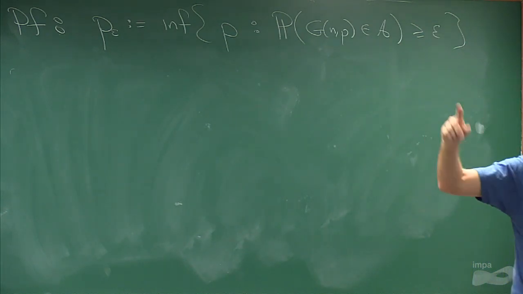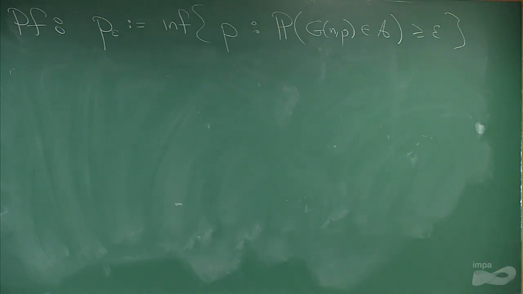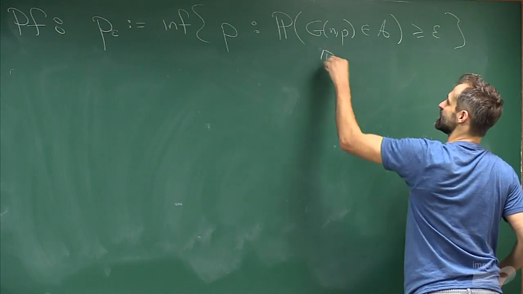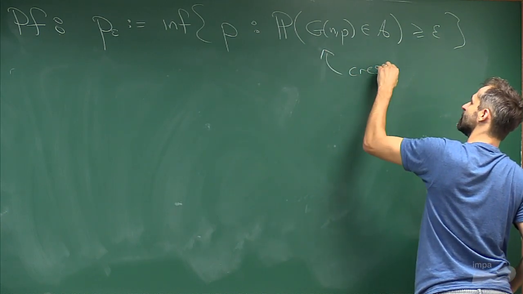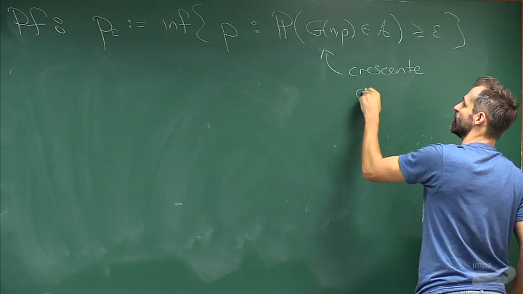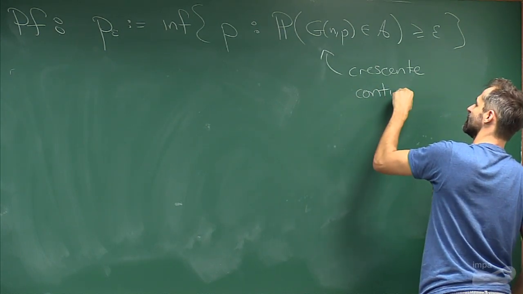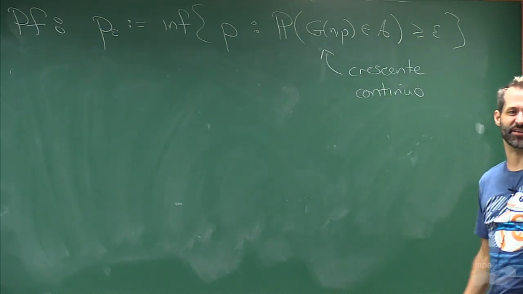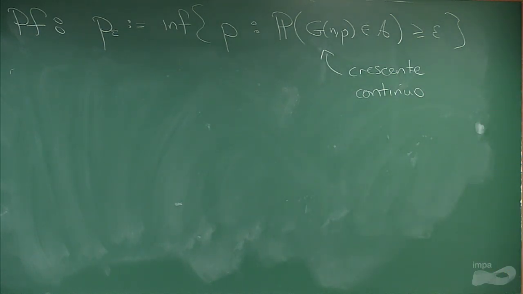Now, what we observed just now was that this probability is increasing. It's also continuous, right? Not sure, I don't think we even need it's continuous, but anyway, it's increasing. Right, so this infimum exists. And in fact, at this infimum, the probability equals epsilon.